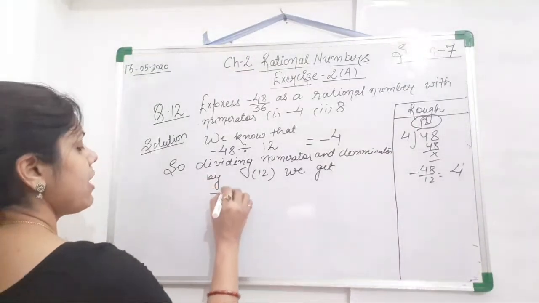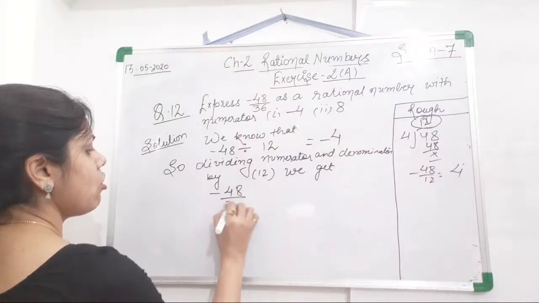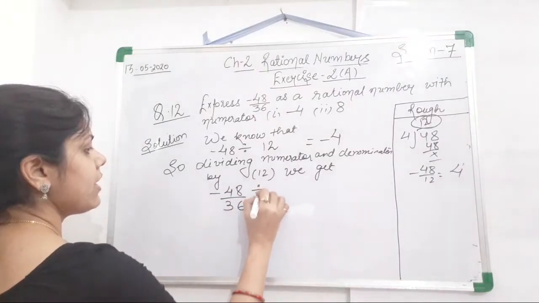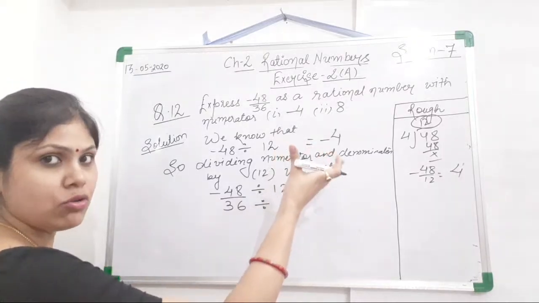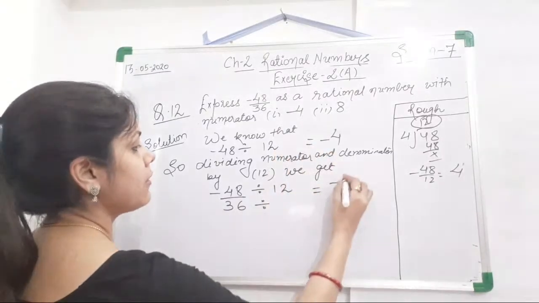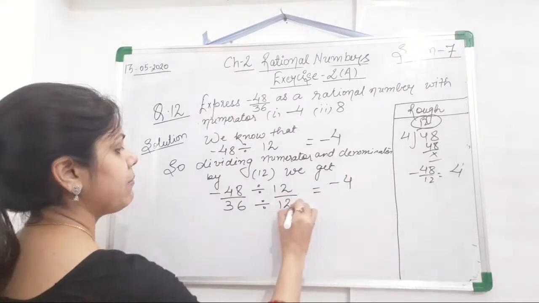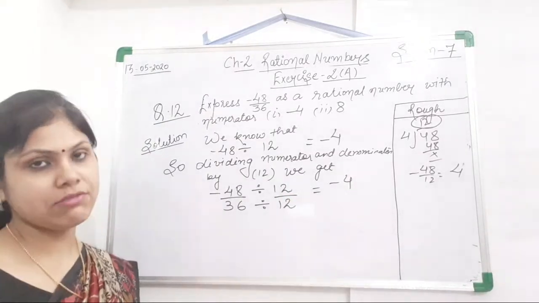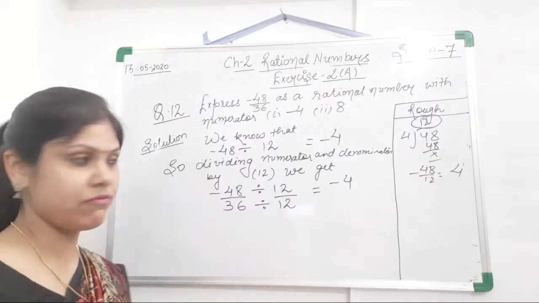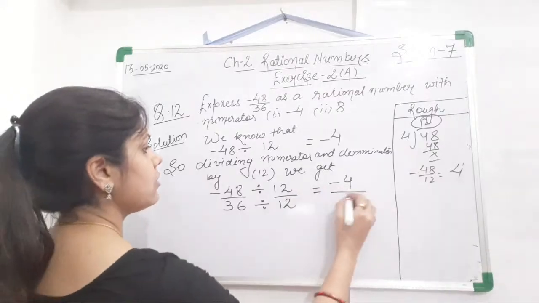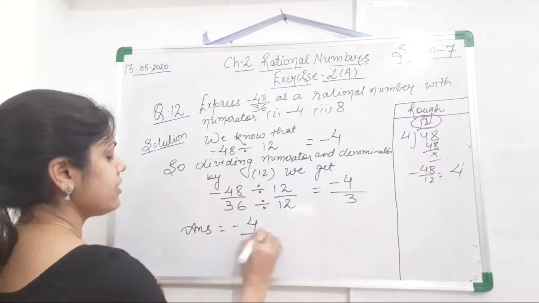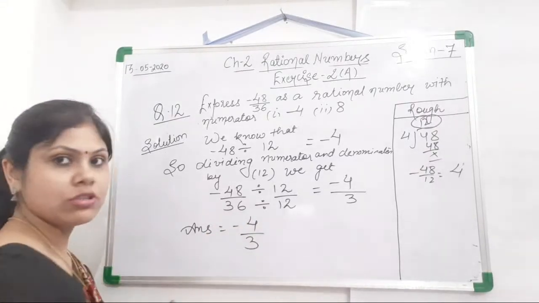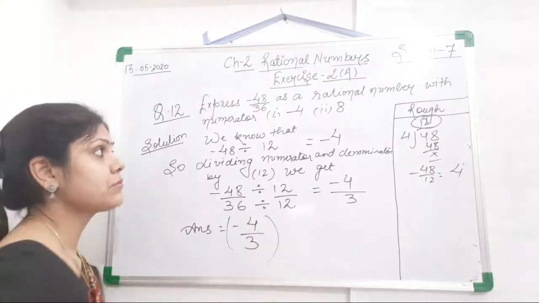That means minus 48 upon 36, divided by 12 in the numerator, because we have to get minus 4, and we will divide by 12 in the denominator as well, as we did in the multiplication question. Here what will we get? The new rational number, the answer, is equal to minus 4 upon 3. So this will be your answer.